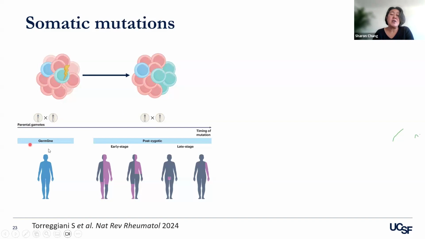Now, as I said, DADA2 and the genetic mutations that I talked about for giant cell arteritis are germline mutations. They're in every single cell of our body. But these acquired mutations, depending on when they occur in life, can affect large parts of our body or very small parts of our body.